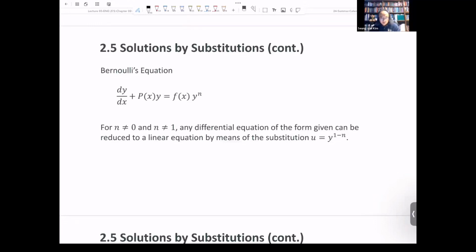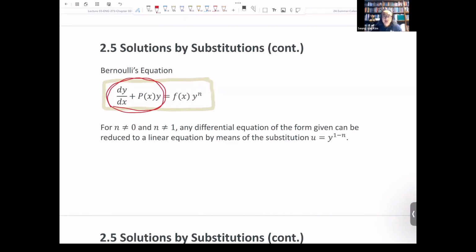Now let's work on the second part of the substitution technique. This one is called Bernoulli's equation. When we have this type of format of the differential equation, we call it Bernoulli's. The left-hand side, we have seen this, right?